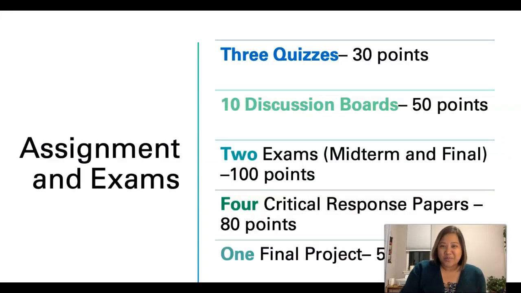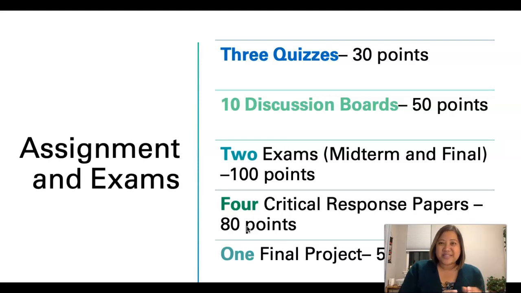Okay, now let's talk about a key part of this course, which is the assignments and exams. So I want you to understand that there are 3 quizzes for this 10-week course. One is the syllabus quiz, and the other 2 are quizzes that will help you prepare for the exam. So there will be one quiz before the midterm exam, and then another quiz before the final exam.